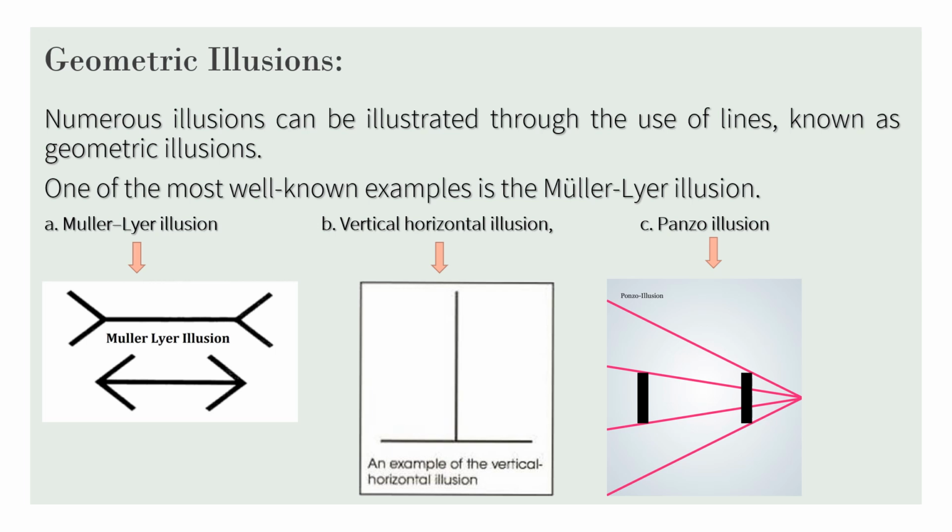In the second figure, known as the vertical-horizontal illusion, the vertical line seems to be bigger than the base, but both the lines are equal in length. Similarly, in the Ponzo illusion, both the black lines are similar in length.